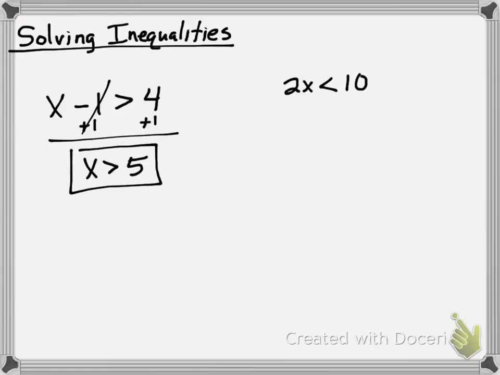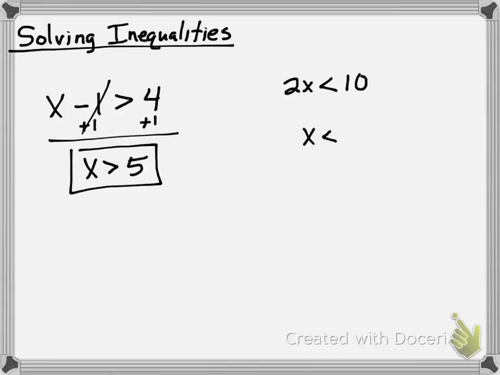Alright, so what about something like this? Again, let's just think about it. If 2 times some number has to be less than 10, then what would x have to be? Wouldn't x have to be less than 5? Because if I pick a number less than 5 and double it, then I would have less than 10.